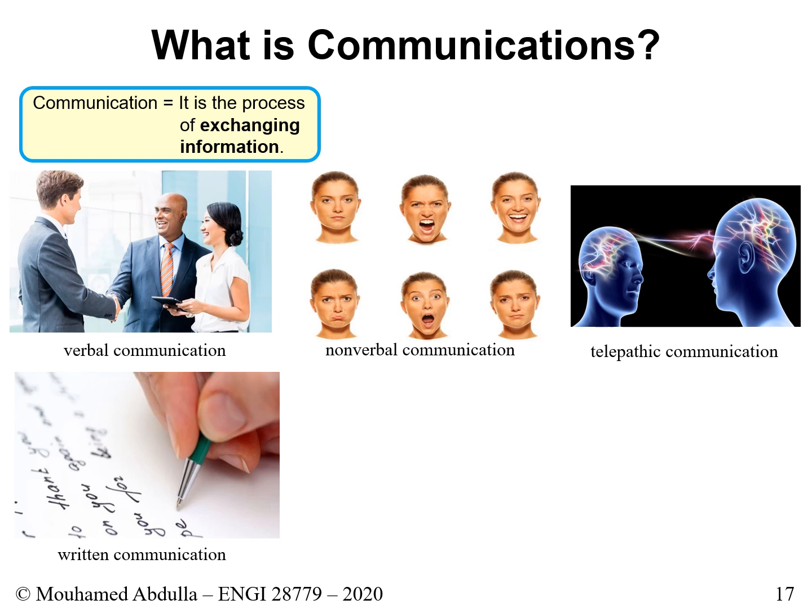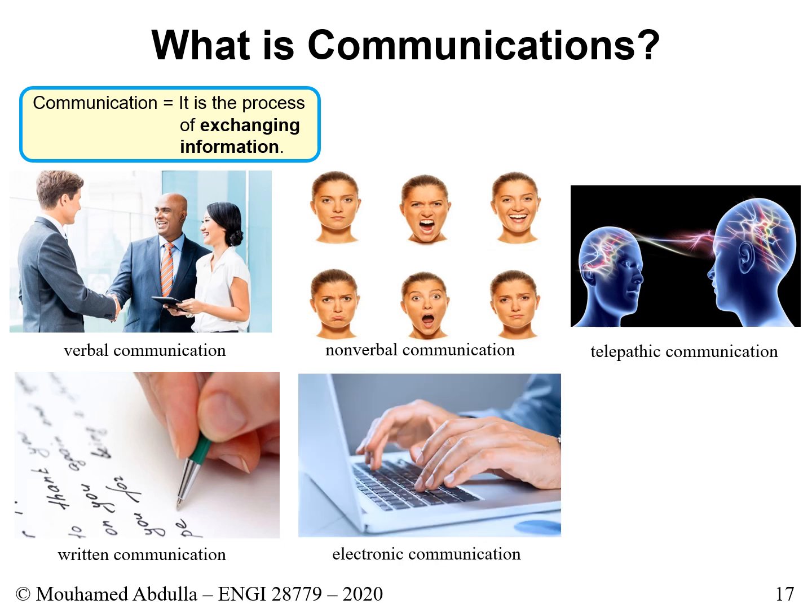Written communication, of course, is a very classic way of communicating. So written communication or typing, anything in a written format, is another form of communication. And an advanced form of written communication is electronic communication, like emails and word processing and documents that you do with the computer. That's an evolution of written communication.